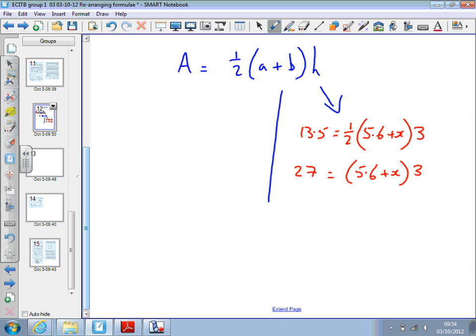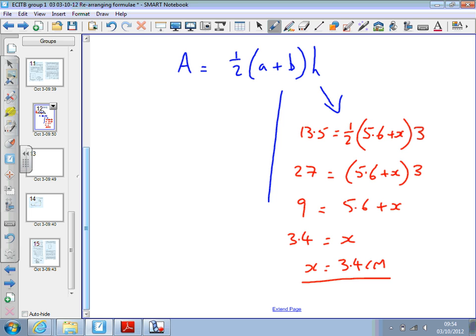All of that inside the bracket has been multiplied by 3. So divide by 3. 27 divided by 3 is 9. Lastly, take away 5.6, leaves me 3.4 equals x. So in other words, x equals 3.4 centimetres.